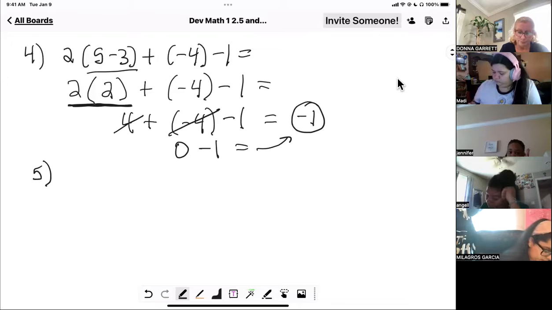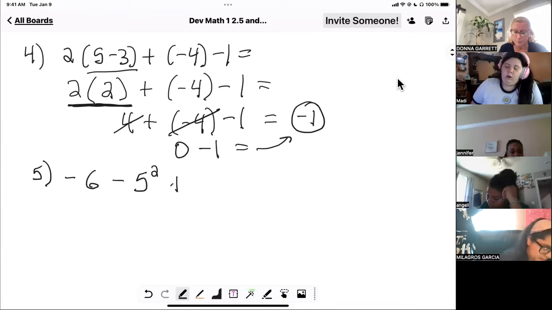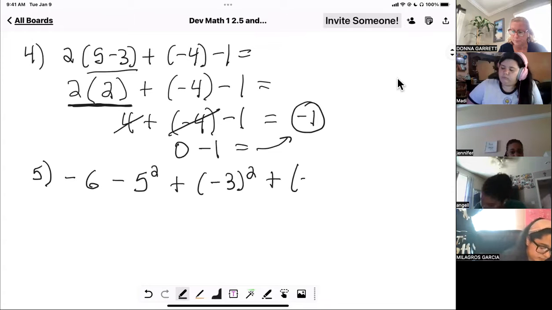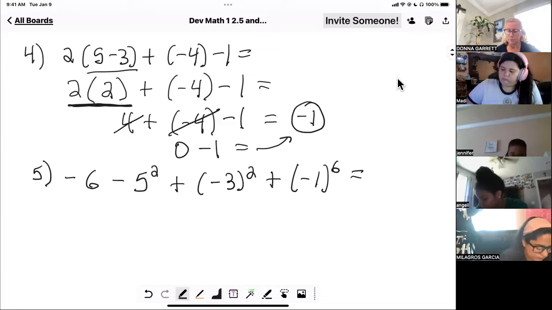Five. We definitely have parentheses and we have exponents.